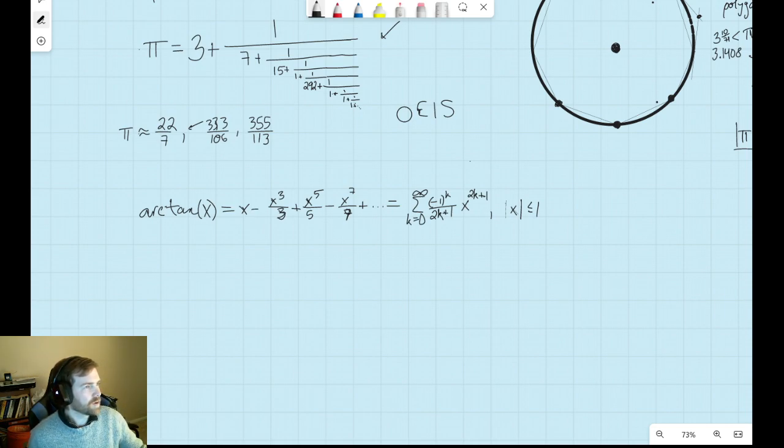So if you're wondering what use that is in calculating pi, well, this allows us to calculate pi over 4.